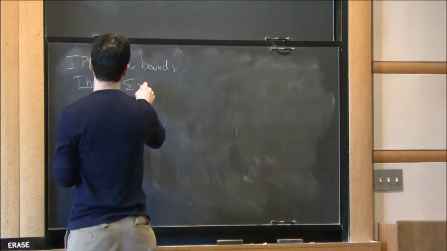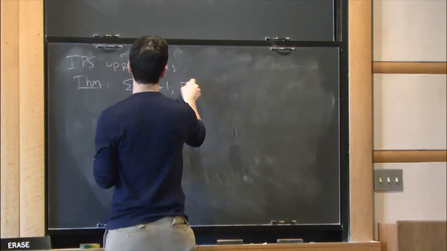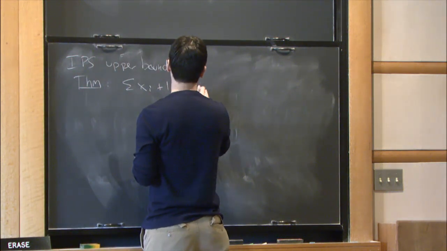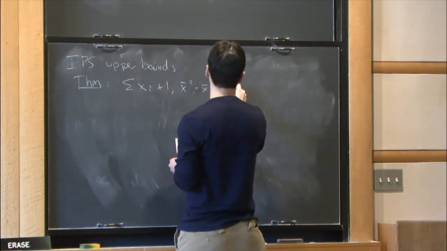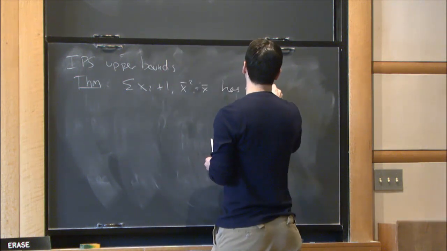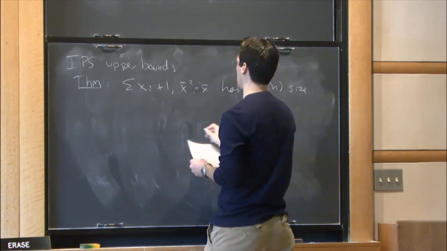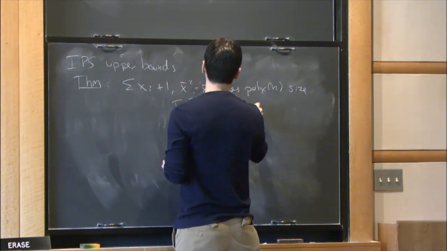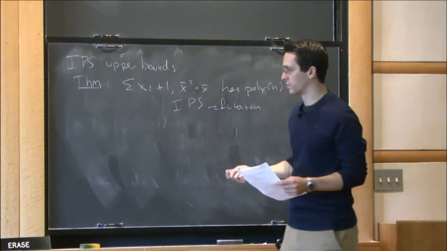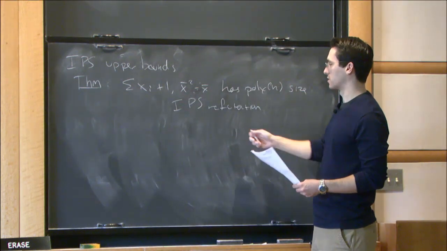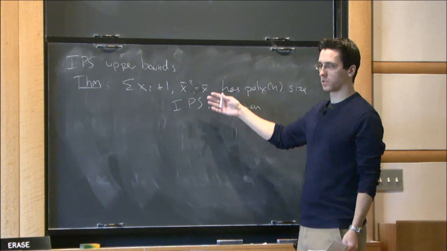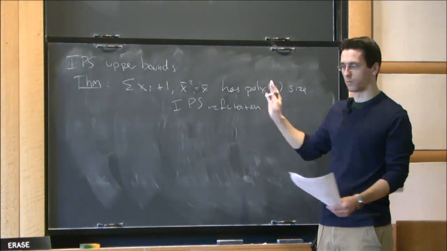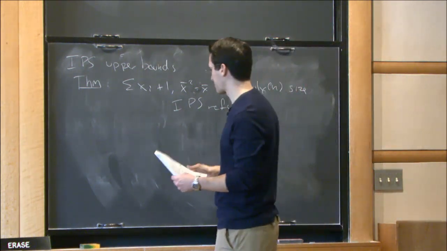It's that you have summation xi plus 1, and the Boolean axioms, and this has a poly-n-size IPS refutation. So I won't be able to sketch the full proof of this, and I won't even be able to sketch why you can put this in restricted models of IPS, but I'll just give you some of the ideas.